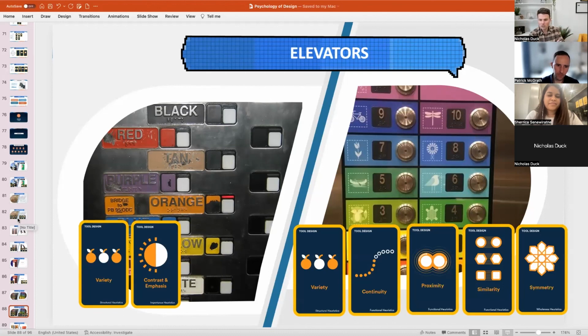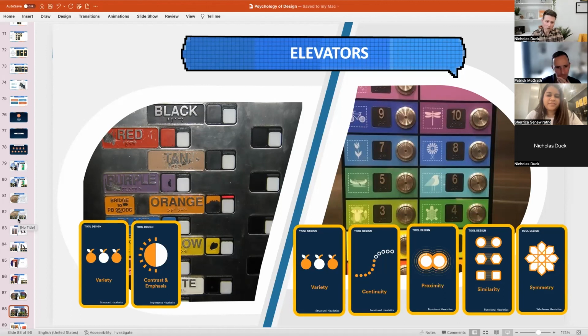It's tried to use lots of variety to help the user remember what level they're on. So it's used numbers, colors, and symbols. I think you run the risk of creating confusion where someone hops into the elevator and goes, I remember I was on the floor with an animal, but now I've just realized that there's 3 animals to choose from. And so you're actually introducing a possible error.